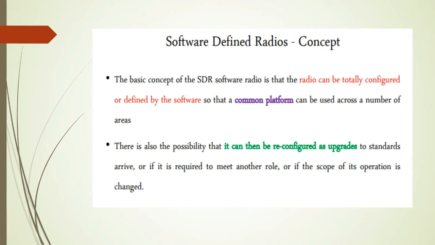There is also the possibility that it can be reconfigured for upgrades to standards, or if it is required to meet another role, or if the scope of its operation is changed.